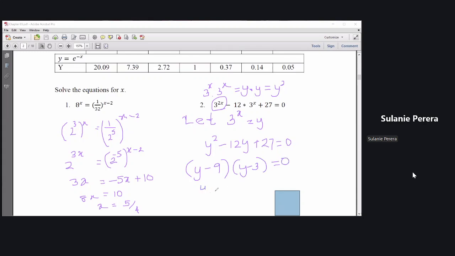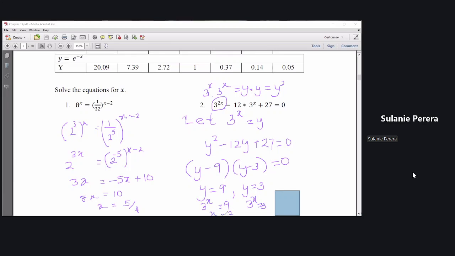Y equals 9, y equals 3. Y is 3 to the x. 3 to the x equals 9, here 3 to the x equals 3. And here, so x equals 2.